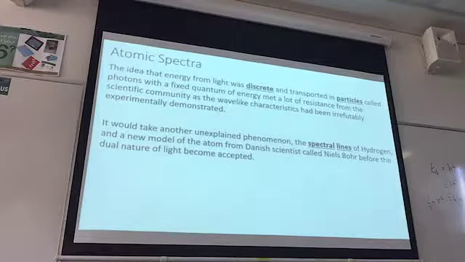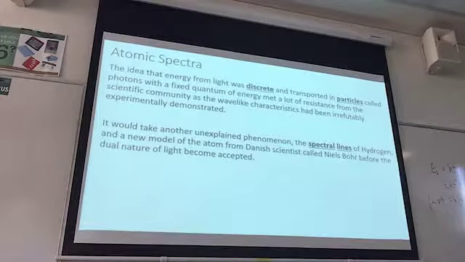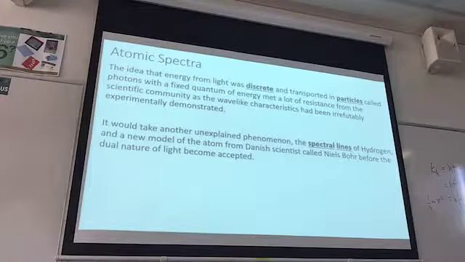This idea was met with resistance, as most new ideas are, from the scientific community, simply because a couple of hundred years before it had been shown that light behaved as a wave, not as a particle, so they needed new evidence to show that light could behave as a particle as well.